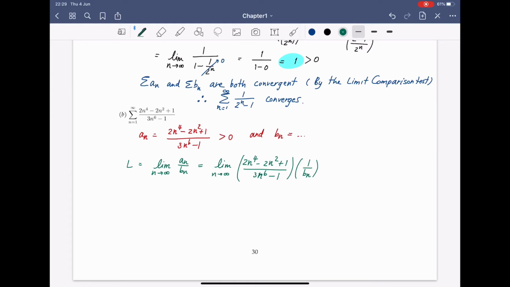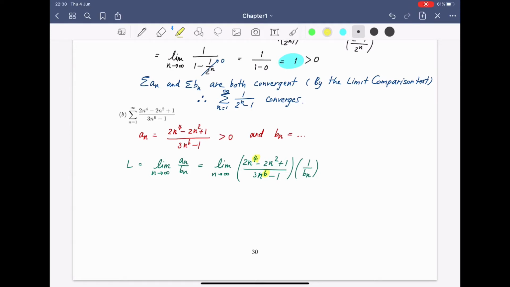so we can compute the limit easily. So here, what I'm going to do is, I see in the limit here that I have n to the fourth power and I have n to the sixth power here. So if they are both degree 6, we can compute the limit easily.